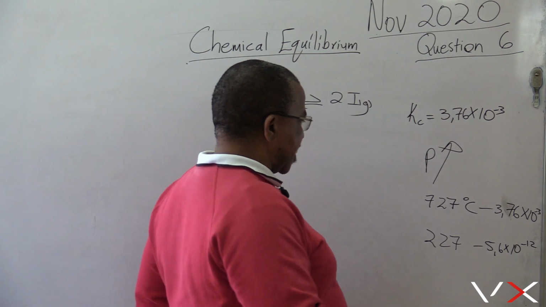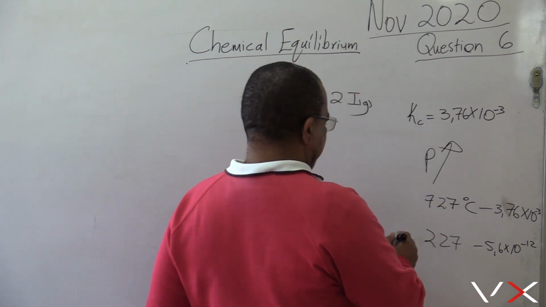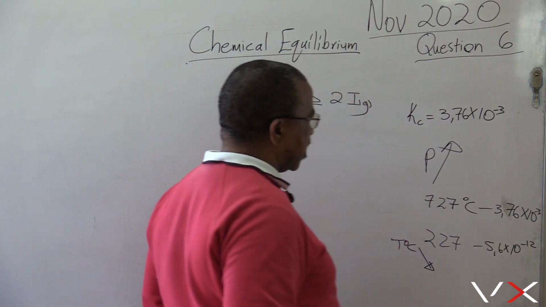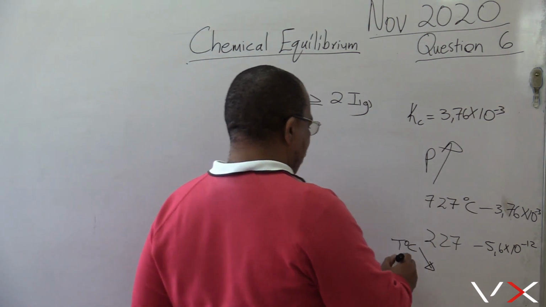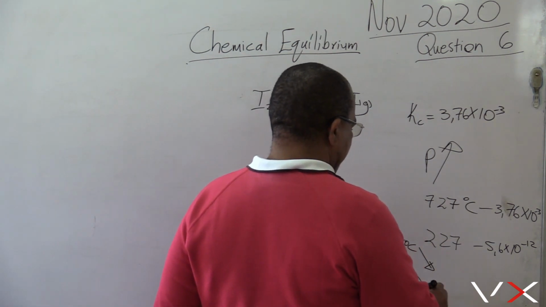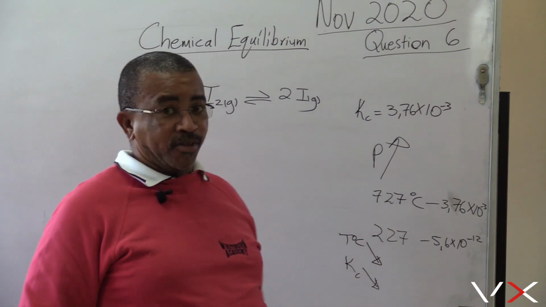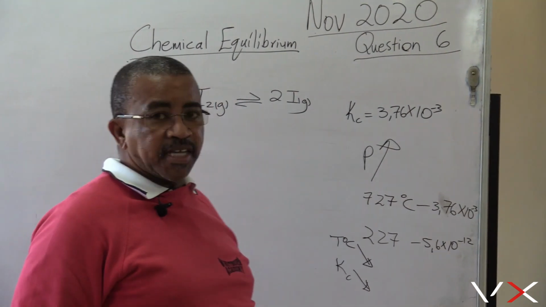So the Kc, which means when temperature is decreased from 727 to 227, the value of Kc also decreased. If the reaction is endothermic, temperature and Kc go together.